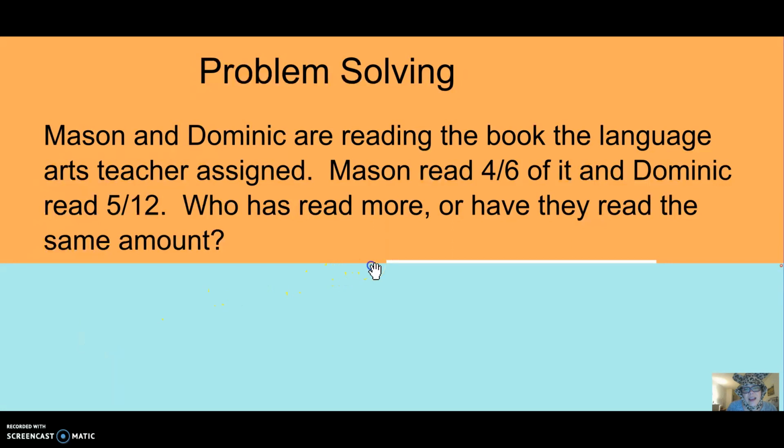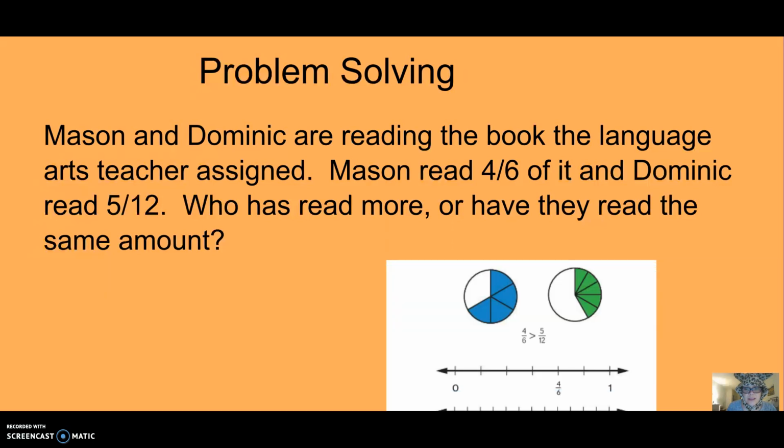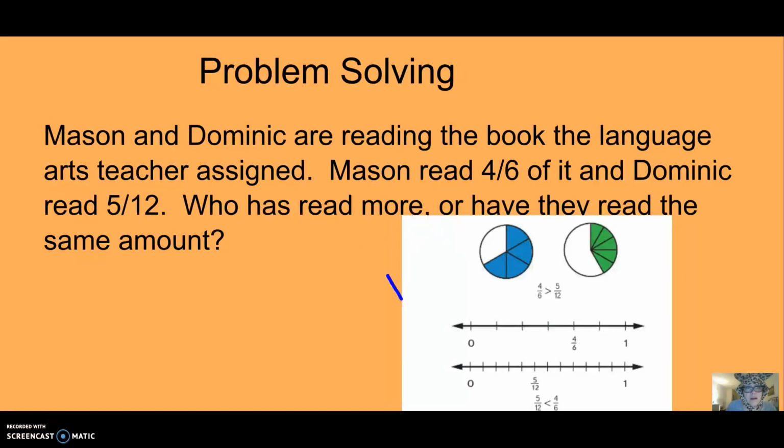Let's take a look at these fractions on fraction circles and on number lines. So, here are my fraction circles. This is my whole, divided into 6 equal parts. 4 of those 6 are shaded in.